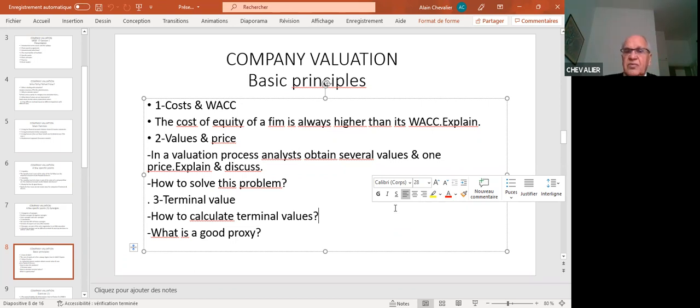So we have terminal value and convergence processes, and this is what we see in one of the cases. A good proxy is a calculation which is made using a clear formula. That's what I will explain later. So these were the first elements I wanted to show you here.